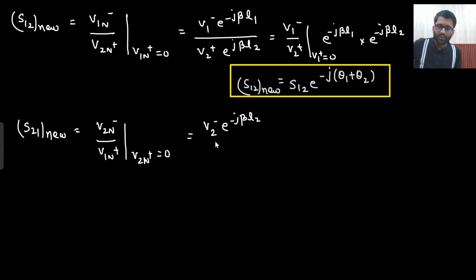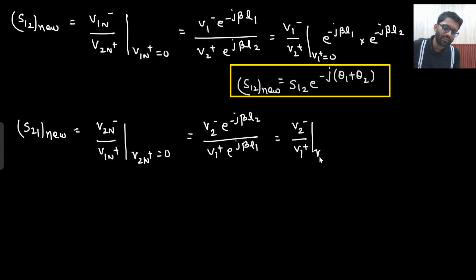Beta L2. And what is your V1n plus? That is V1 plus e to the power J beta L1. And if V2n minus equals V2n plus equals 0, that means certainly your V2 plus is also equal to 0. So e to the power minus J, this is your theta 2 and this is your theta 1.